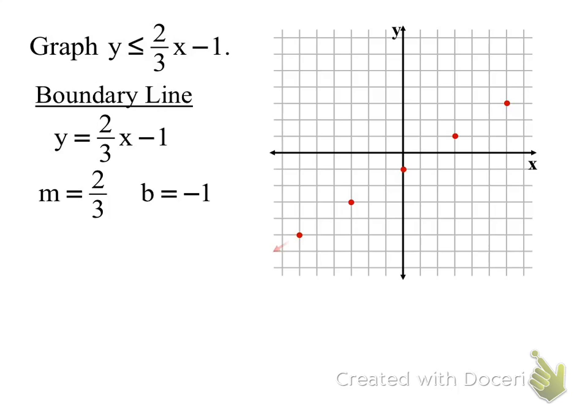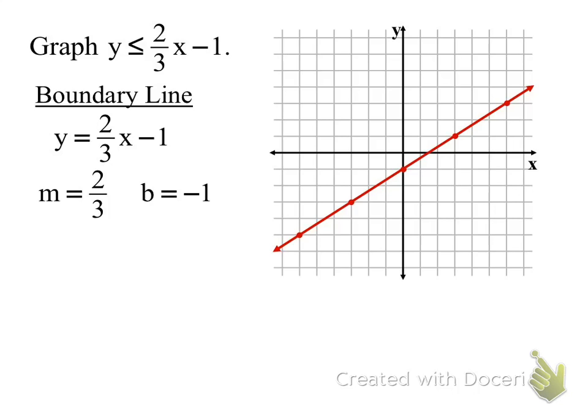Okay. Y is less than. Go to the y-axis. Your point on the y-axis is right here. Which numbers are less than? Notice whatever's touching the y. Y is less than or equal to.